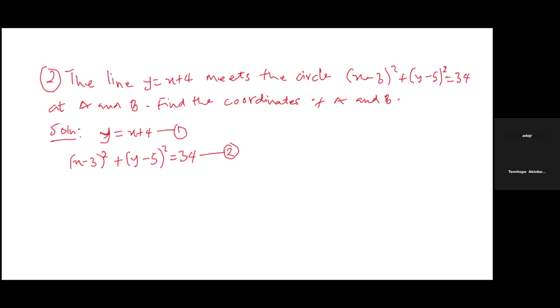So substitute 1 into 2. So that will be x minus 3 squared plus x plus 4 minus 5 squared equals 34. x minus 3 squared plus x minus 1, because 4 minus 5 is minus 1, squared equals 34.